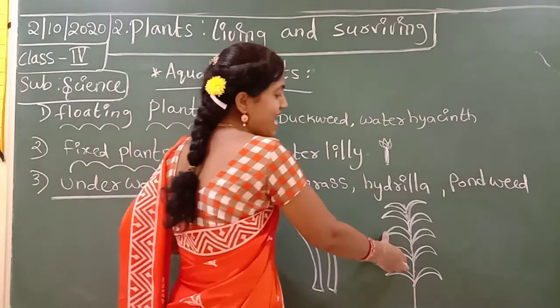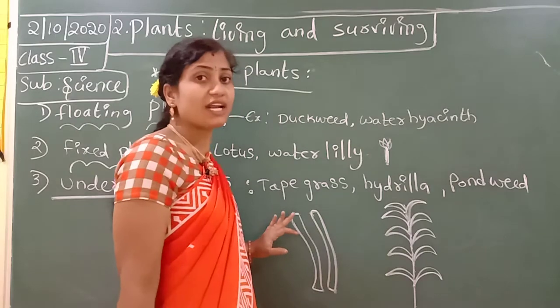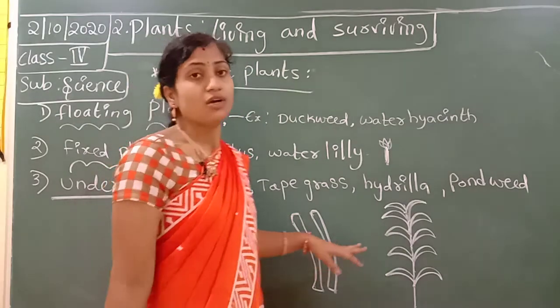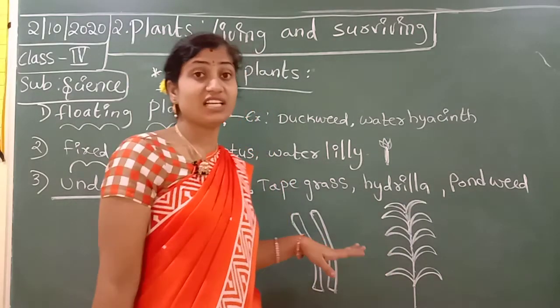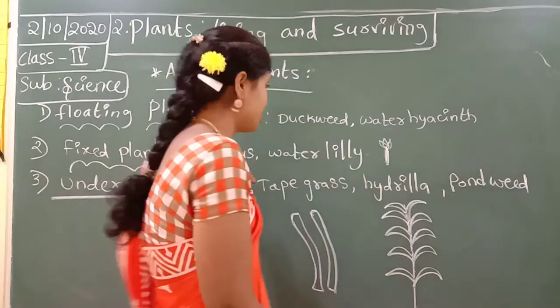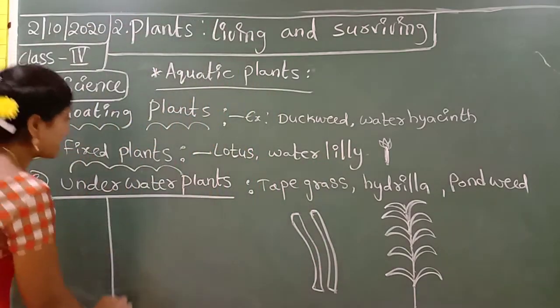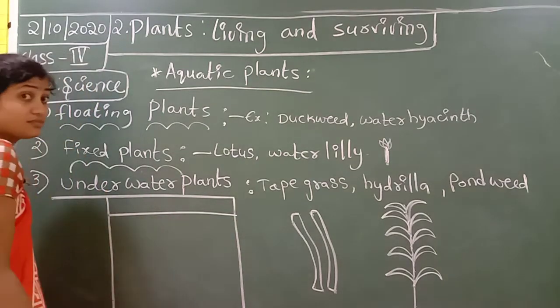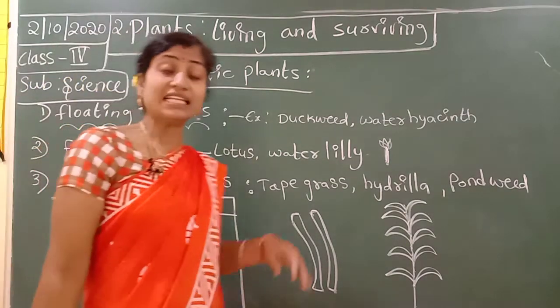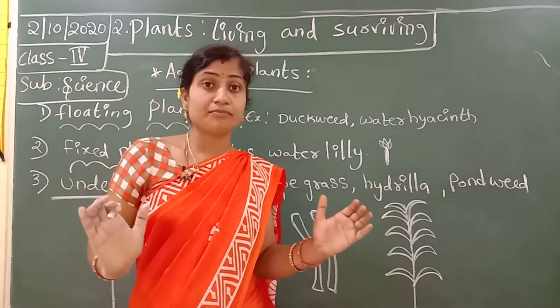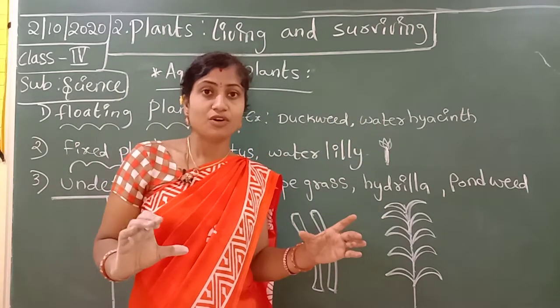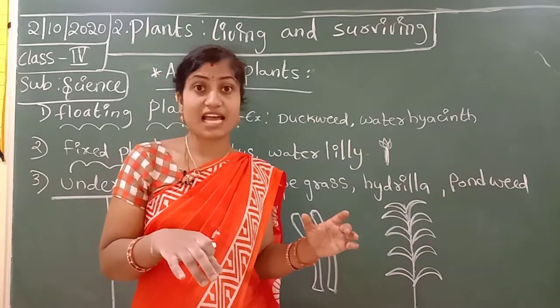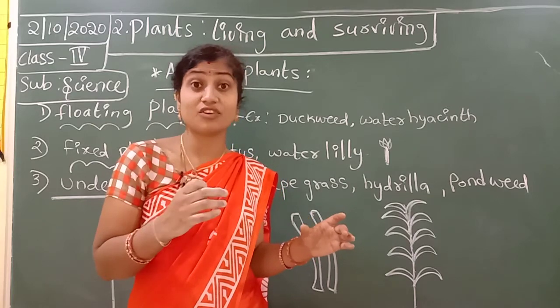So, these plants breathe through their body surface. Mostly we observe these plants in aquariums. You know very well what an aquarium is. Some members keep a glass box in their houses. In that glass box they maintain some fishes and some water plants also.